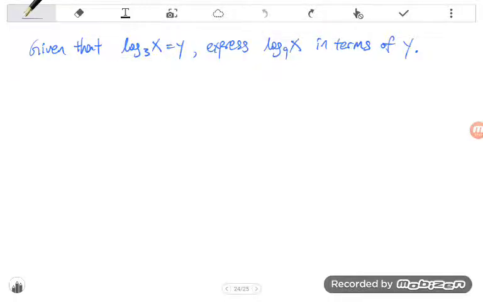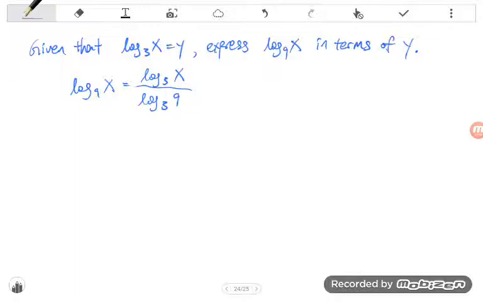Okay, so let's see. Log x to the base of 9. This is equal to, let's see what I can do with this. I'm going to try to break it down. I'll say log x to the base of 3 over log 9 to the base of 3.